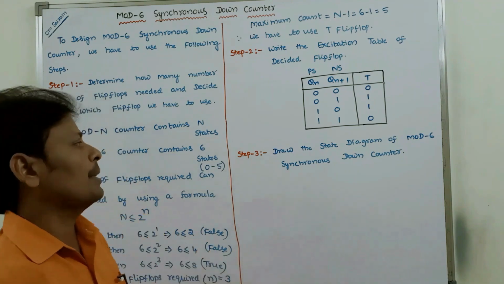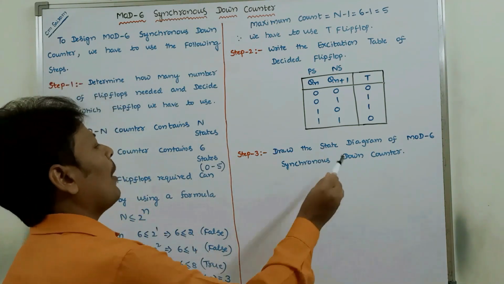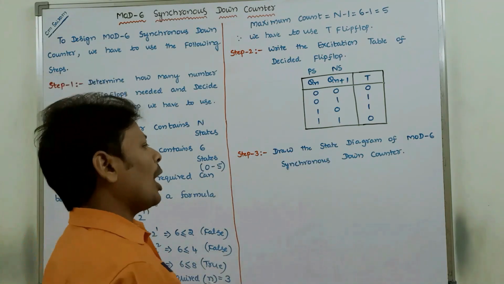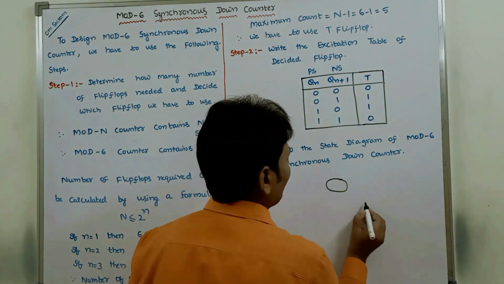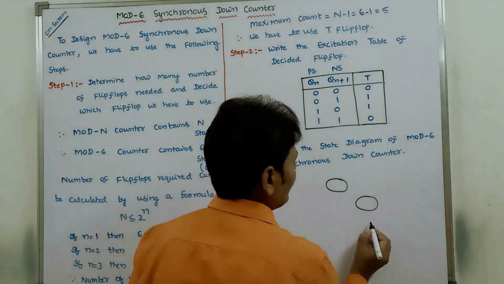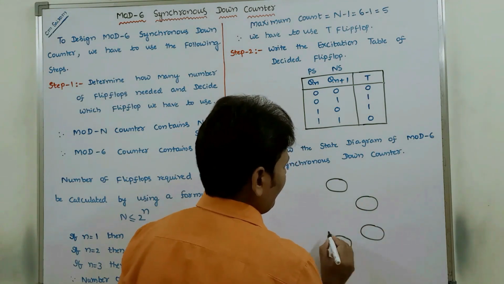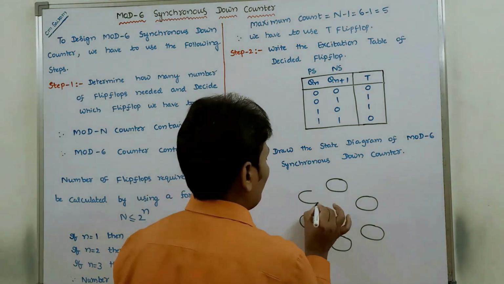In step 3, we have to draw the state diagram of mod 6 synchronous down counter. Total how many states are there? 6 states are there: 1, 2, 3, 4, 5, 6.